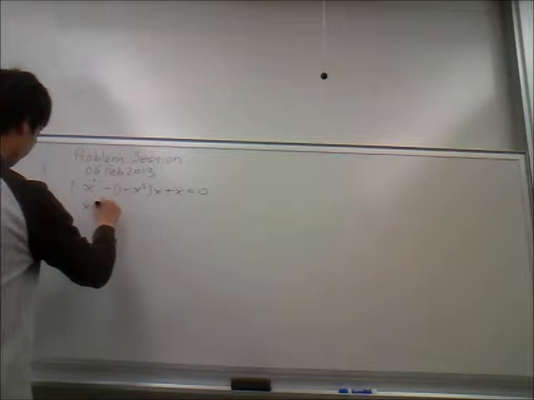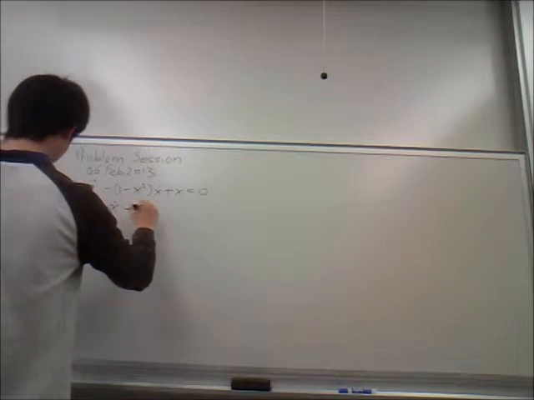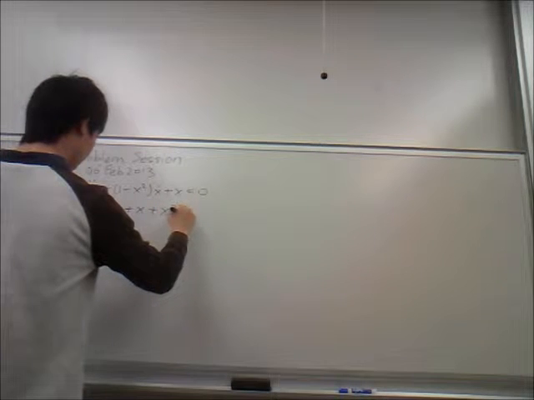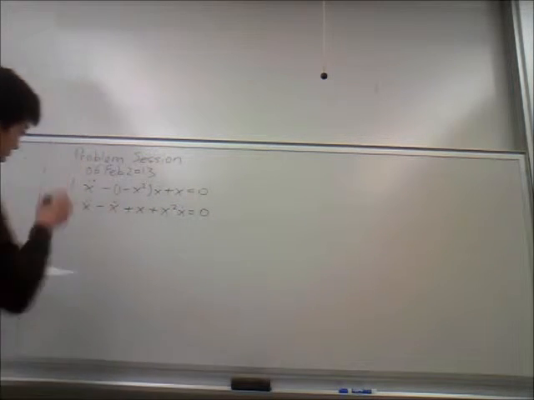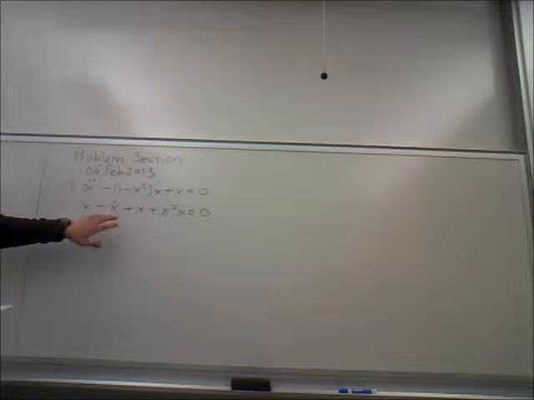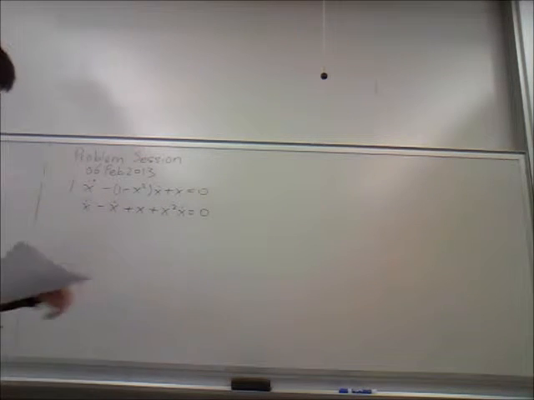Professor Rock described how you would turn this into a linear part plus a nonlinear part in class, but just in case you missed the video on Friday because the quality wasn't great, let me quickly do that again. First you expand it out. So here is the linear part and here is the nonlinear part.